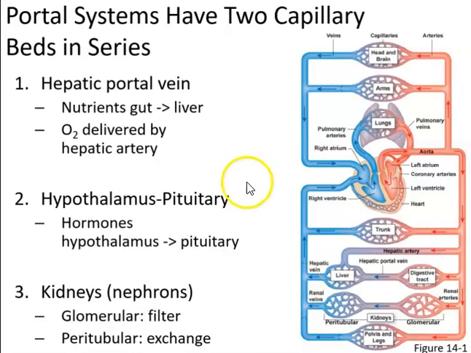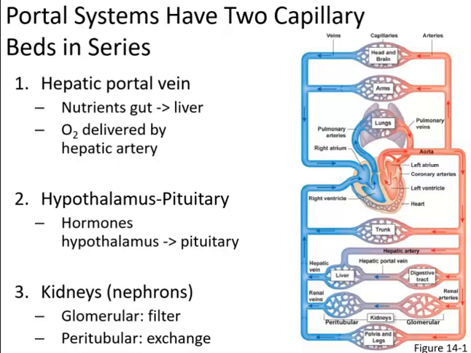The first, of course, being the hepatic portal system. So the hepatic portal vein, part of the digestive system, allows for absorption of nutrients from the gut and filtering by the liver. So we have absorption of our polar molecules that we talked about from our foods, our lipids, our sugars through the monosaccharides, and our amino acids, which are the monomers of our proteins.